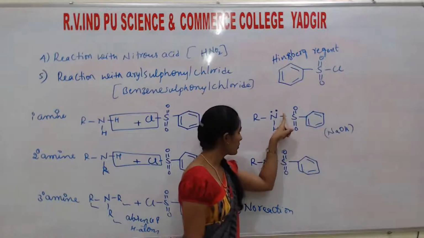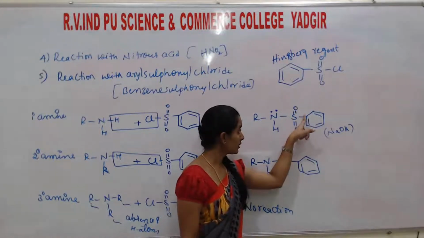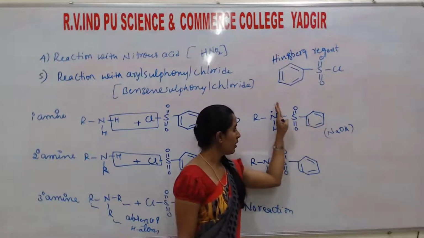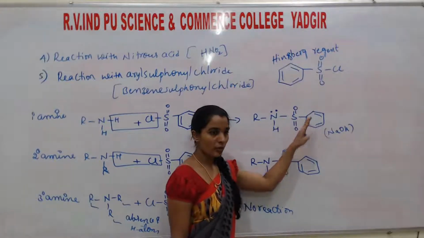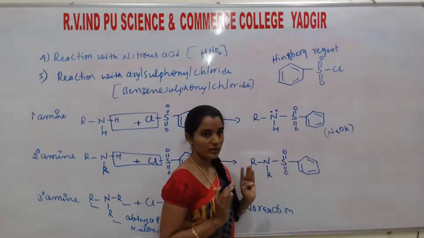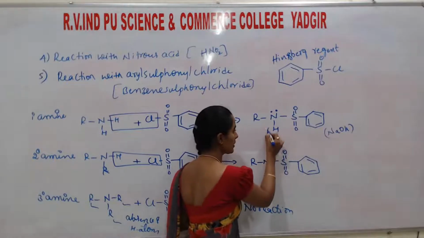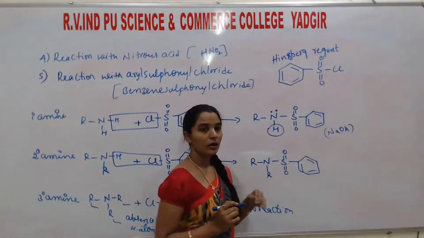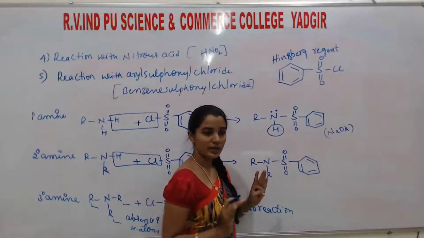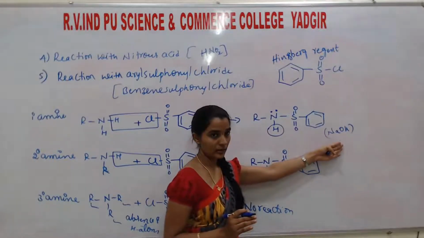So these electrons may shift here, these electrons shift here. Again, these electrons shift here. Here, all the double bonds and single bonds are there. So the lone pair of electrons are involved in resonance. If they are involved in resonance, this is less basic. This hydrogen becomes highly acidic, less basic. Highly acidic means easily soluble in base.